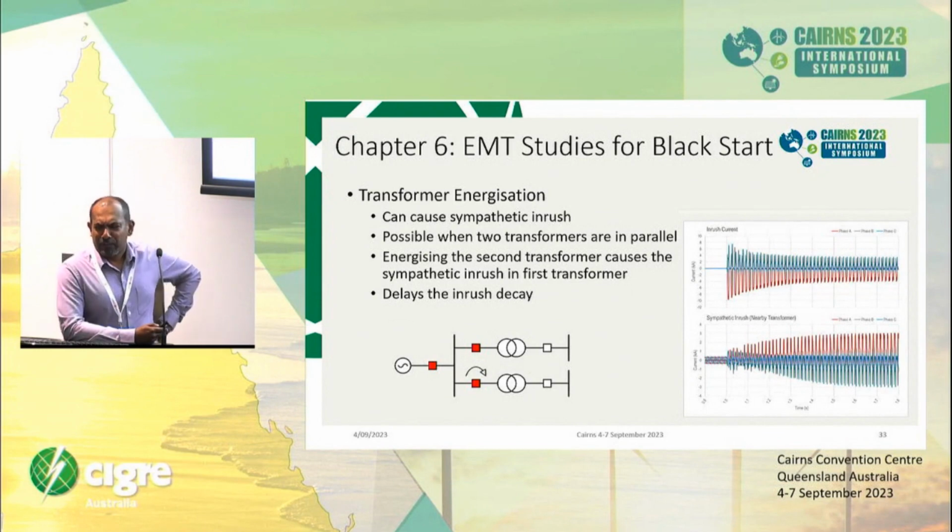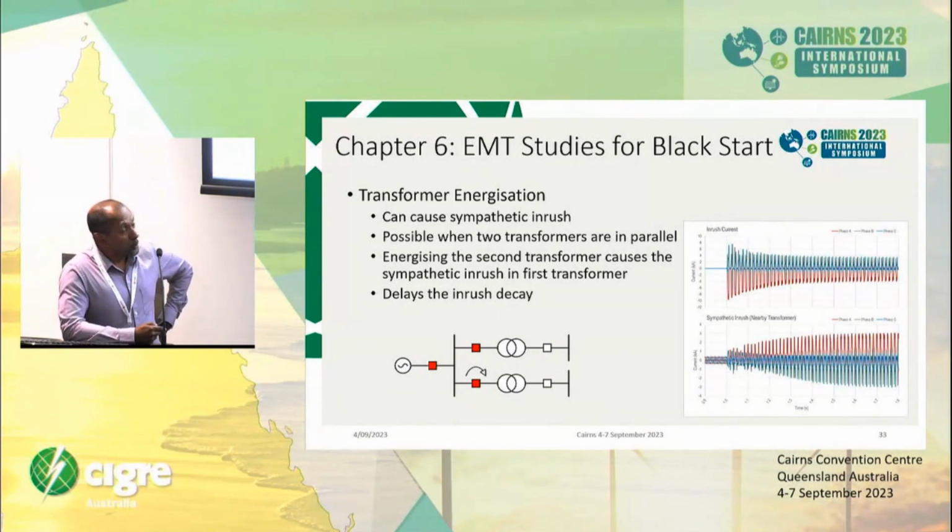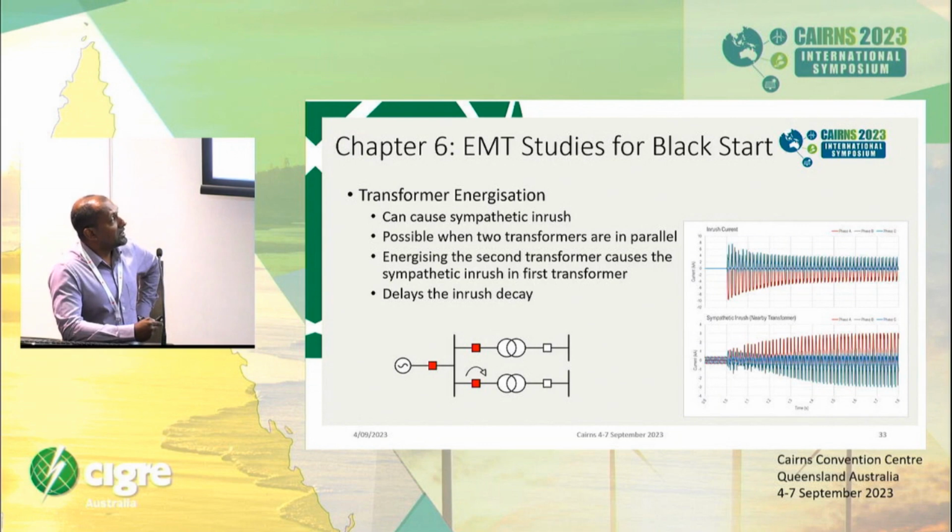One interesting phenomenon is called sympathetic inrush. If you have heard about that before, simply what's happening is this occurs when you have two transformers in parallel, provided that the first transformer is already energized and you are going to energize the second transformer.